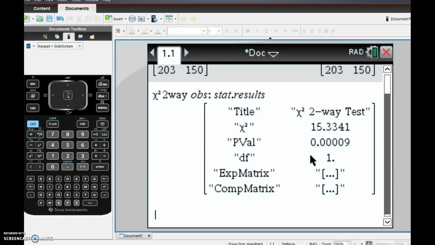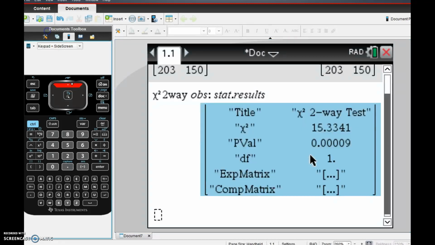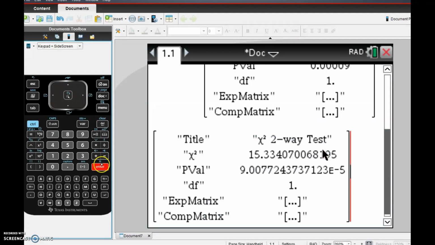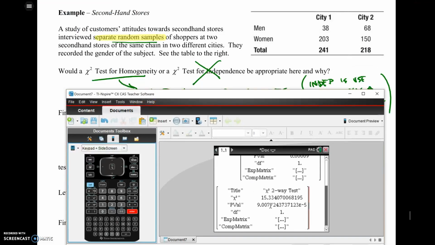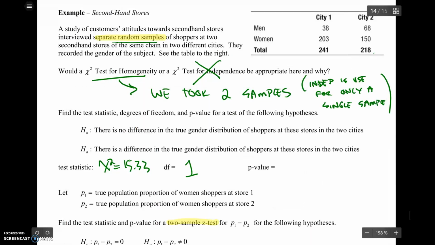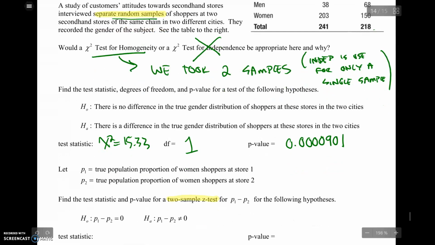P-value, I want a little more accuracy here, so I'm going to grab it, hit enter: 0.0000901. Okay, so we would reject. That's not the point I'm trying to make here.